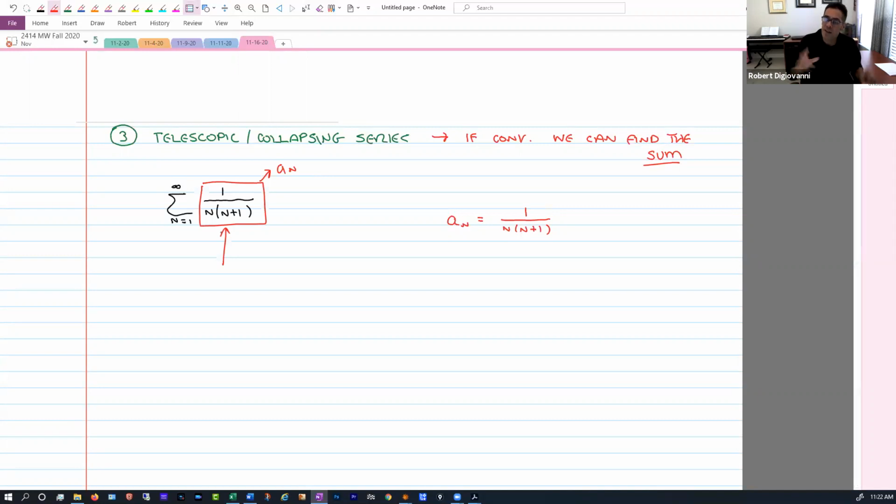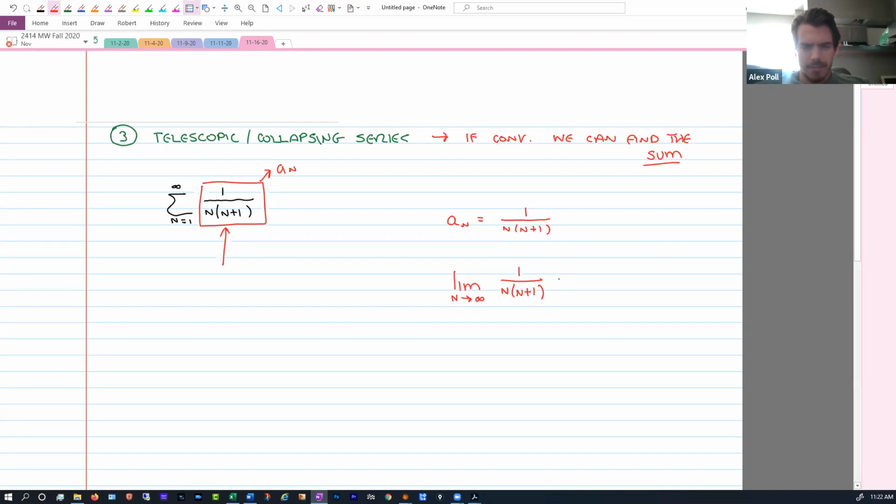Let's do this nth term test, Alex. Let's take the limit as n goes to infinity on this. And Alex, what does that go to? If n goes to infinity, what is that limit? Would it just be 0? 0, right? Everyone agree? This goes to 0 because the top is fixed, the bottom gets bigger, right?